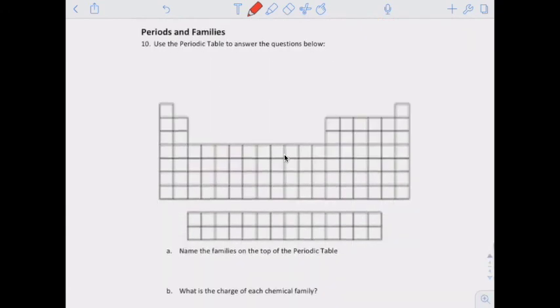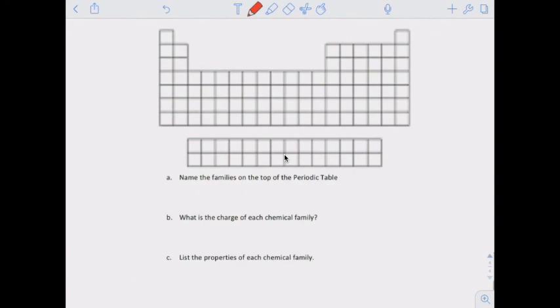Now looking at the periodic families, it says use the periodic table to answer the questions below. Name the families on the top of the periodic table. So we have our alkali metals, and then our alkaline earth metals, and then our transition metals.